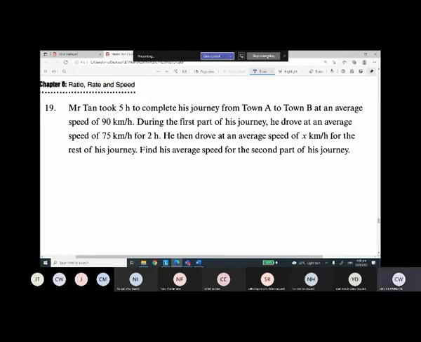This question is more difficult. Your exam is closer to this kind of question. This is still not considered difficult, question number 19. After this I will give you something more difficult.